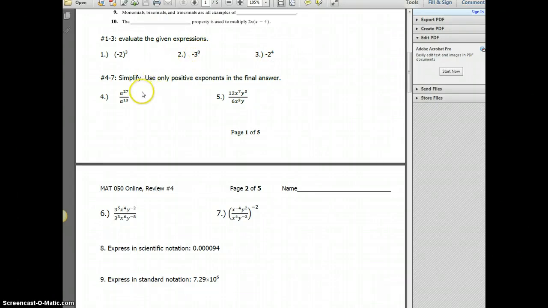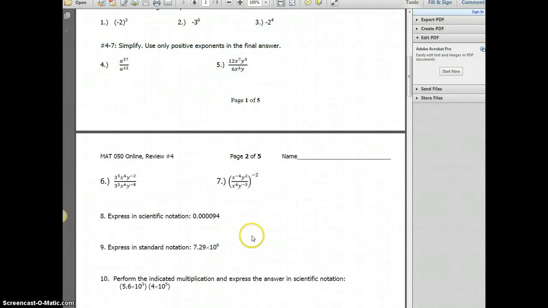You've got to know the rules for dealing with quotients, products and quotients, and negative exponents. And please keep in mind that negative exponents have nothing to do with making the whole term negative. All that symbol means when it's in an exponent is that you are taking the reciprocal. You have to know the power rule and how to deal with scientific notation.